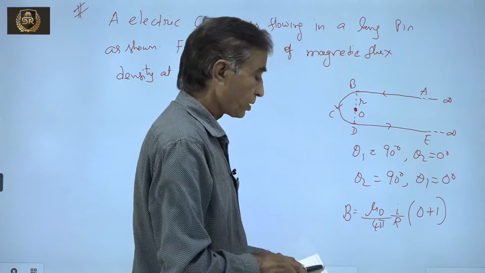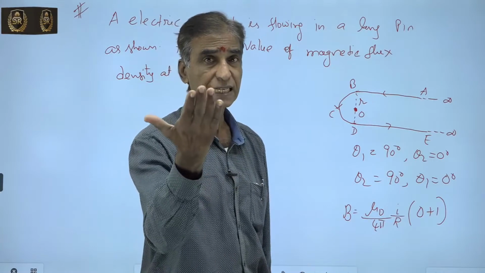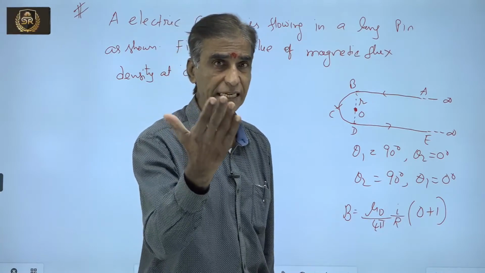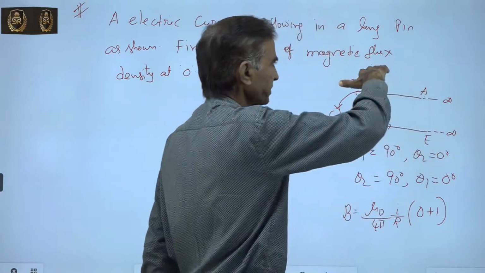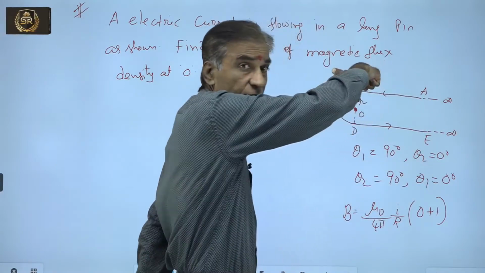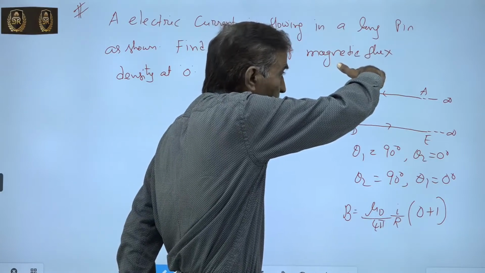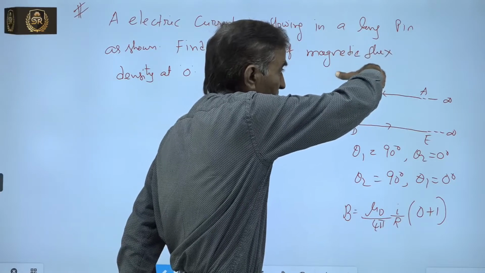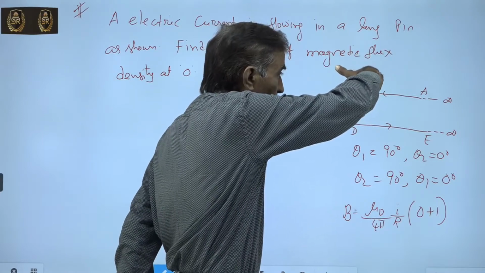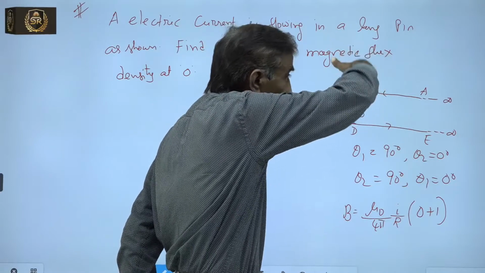Now let us see the direction of the field. Take our right hand, I told you, the right hand thumb rule. See, this is the direction of current, and we are holding like this. The upper side, it is coming out of the plane.